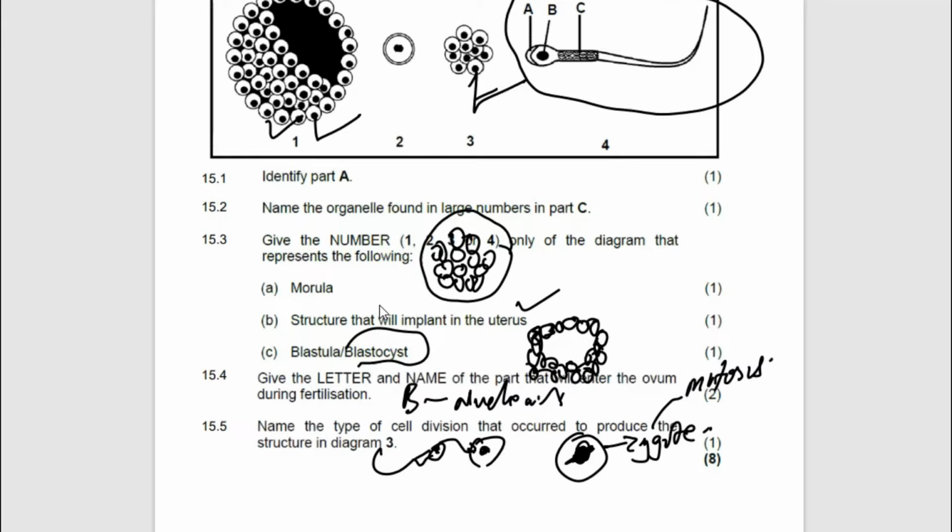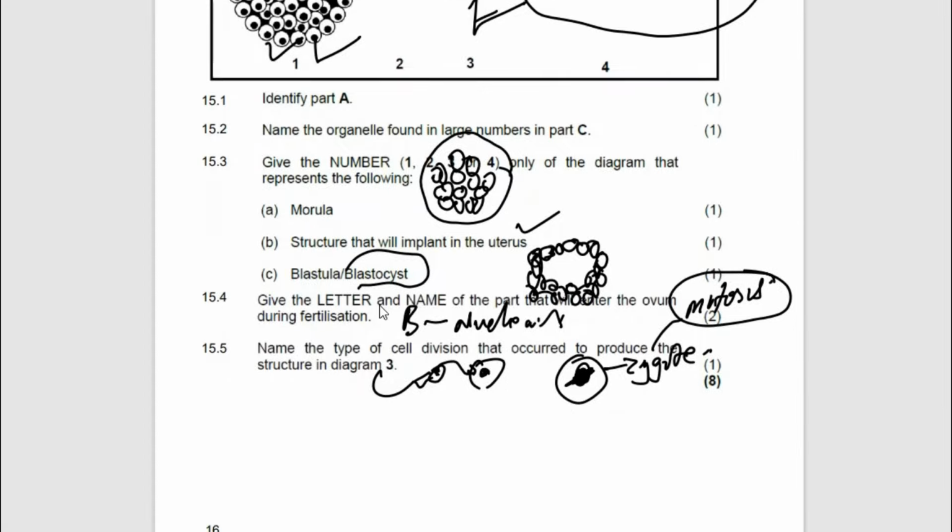So, which process results in the multiplication of these cells? The process is called mitosis. So I've explained the development of the zygote until implantation. Let me repeat.